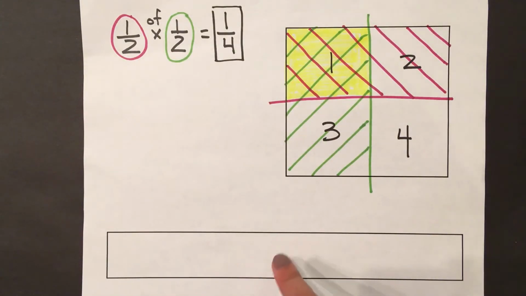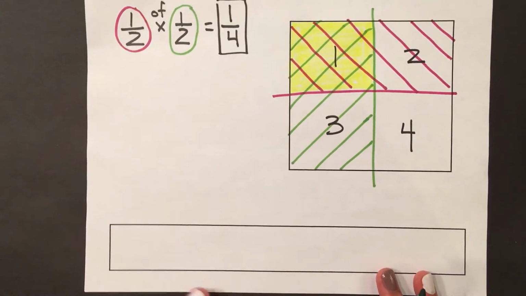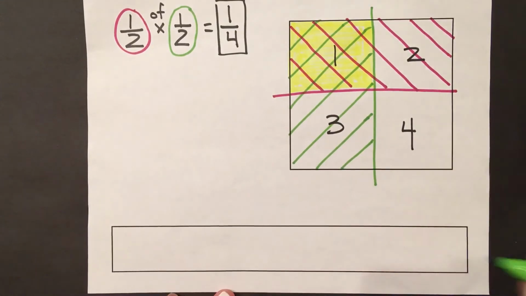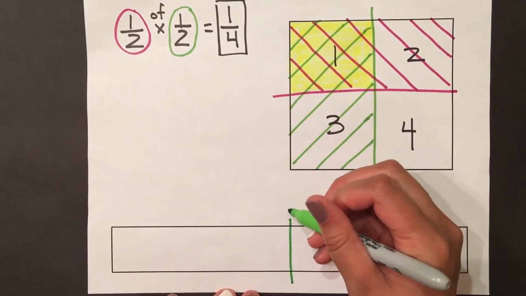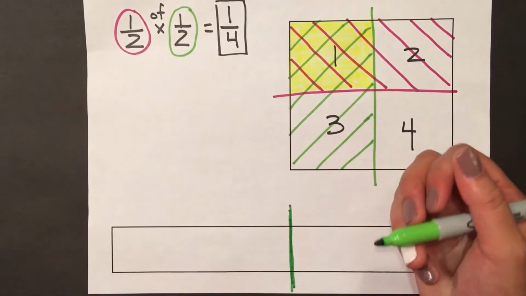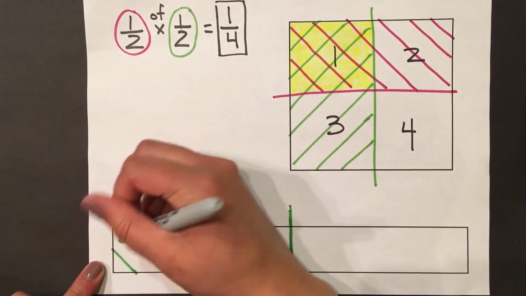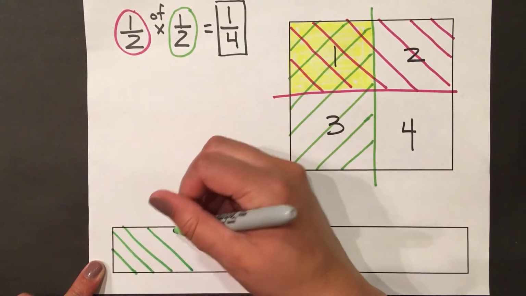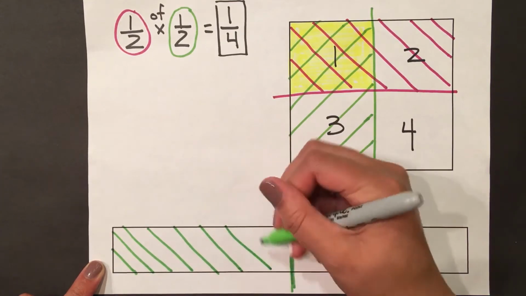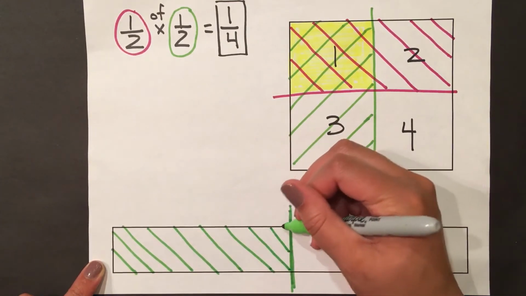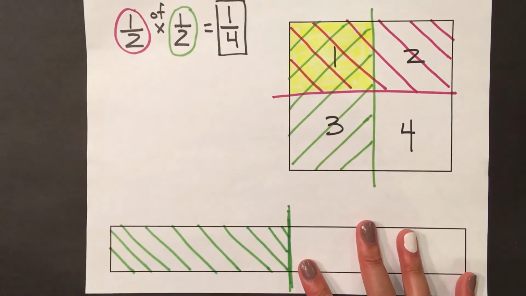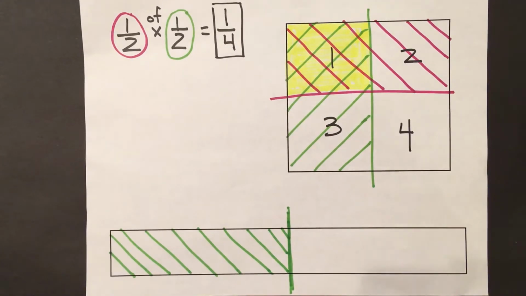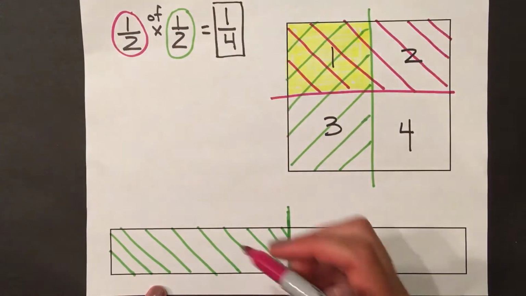Unit. So let's model it down here on the bar. We're going to split this bar into 1/2. I'm going to draw our line long. We're going to slash in 1/2, so we're representing that we have 1/2 of our model. And then we split each of these into how many pieces? 2.